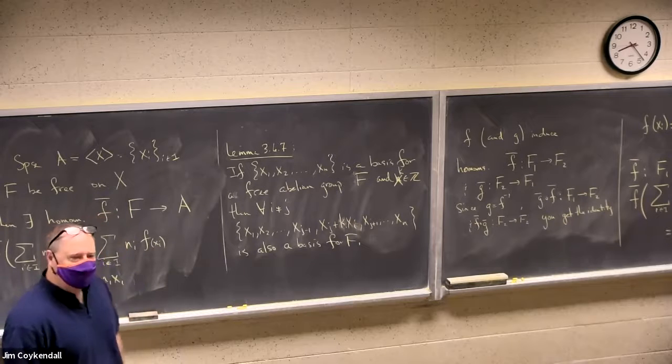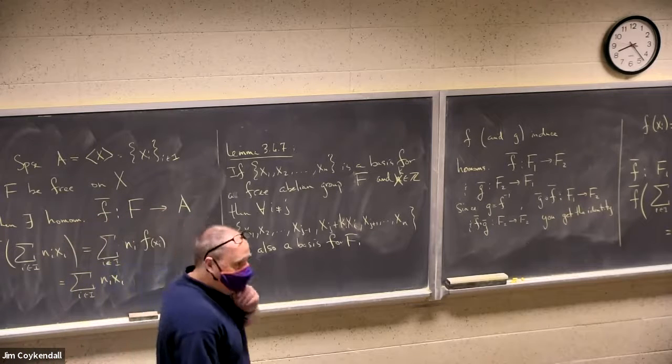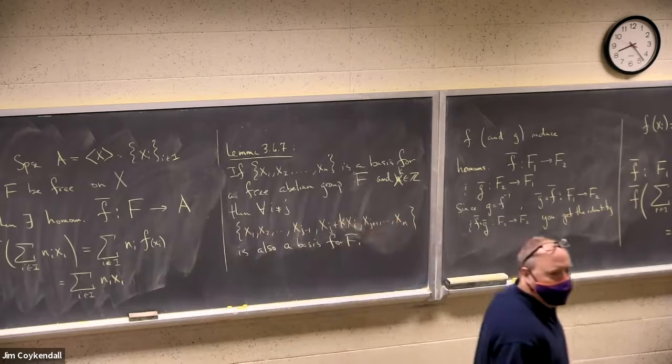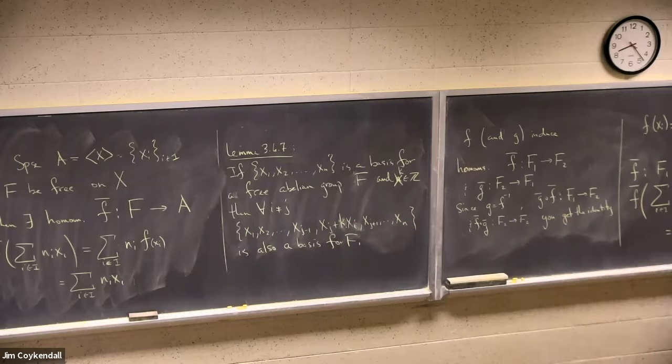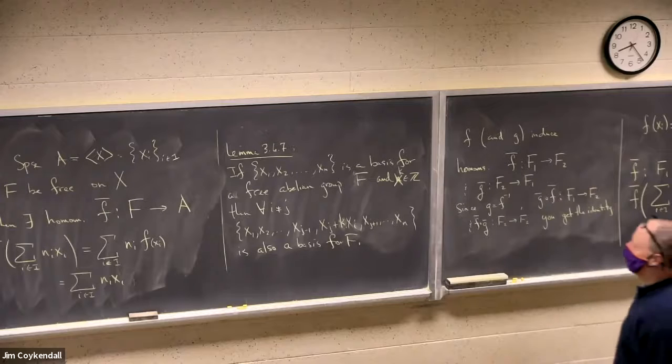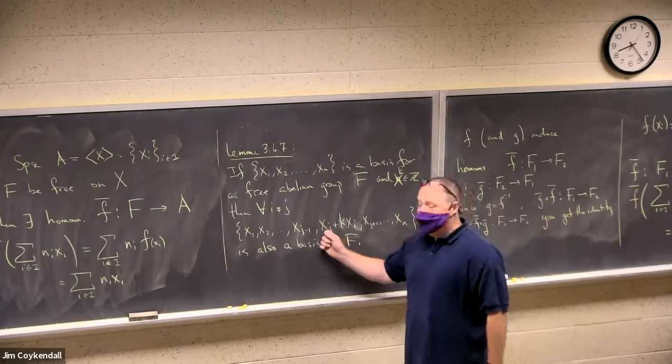What does that remind you of? It reminds me of something, especially since I'm also teaching linear algebra. Y'all remember this theorem from linear algebra that if you have a basis of a vector space, you can replace one of the basis elements. That's what we did here.